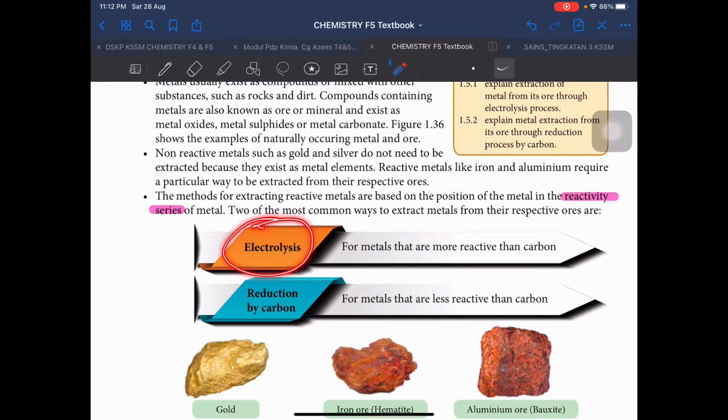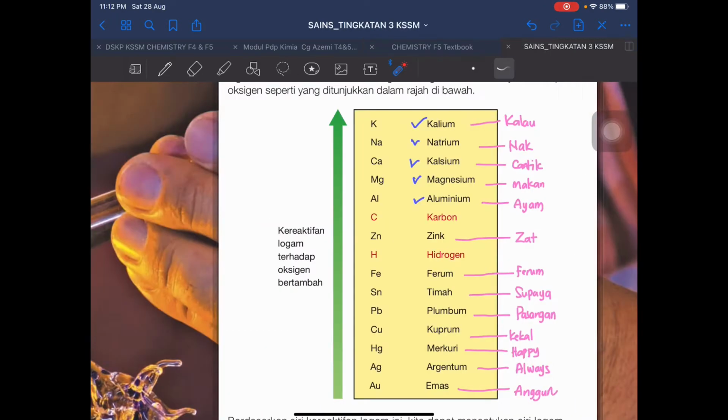Electrolysis for apa? For metals yang mau dikeluarkan daripada dia punya biji. So extraction of metal from its ore for metals that are more reactive than carbon memang aluminium saja. Aluminium. Okay? So I hope you still remember this one. Please remember, please hafal.